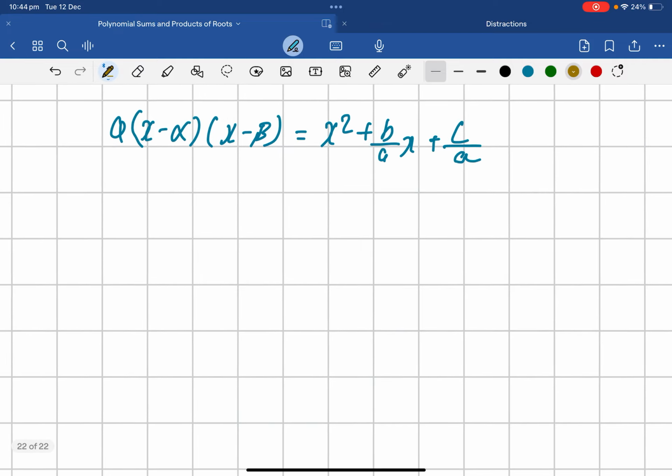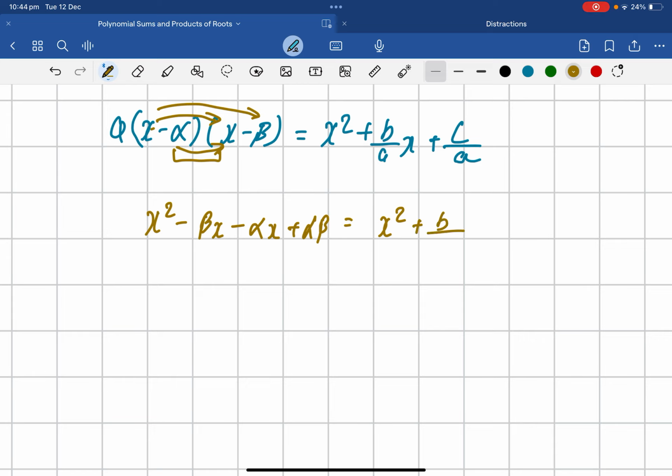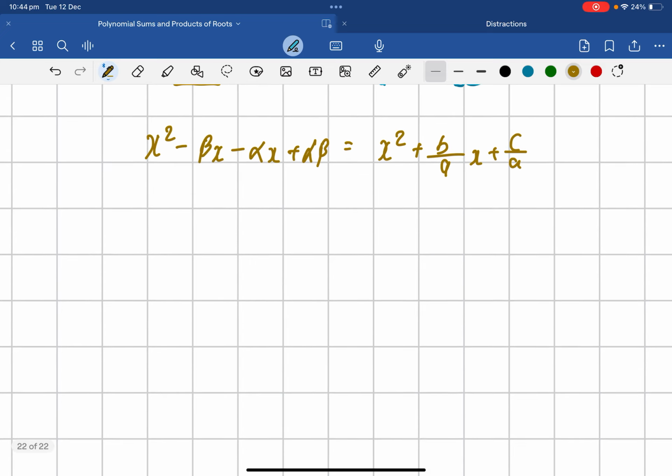So what you want to do now is expand these two. You want to use the FOIL method. So x squared minus beta x minus alpha x plus alpha beta is equal to x squared plus b on a x plus c on a. Now, what can you recall from this?